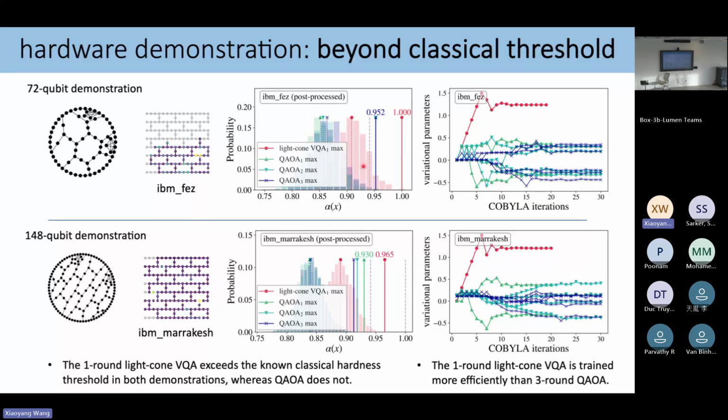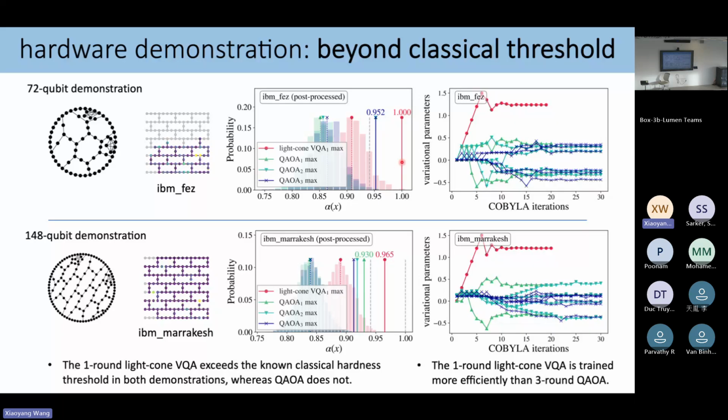Whereas QAOA with 1, 2, 3 rounds can only reach the maximal value of 0.952. And for this 148 qubits instance, we find that the light cone VQA can reach the maximal approximation ratio of 0.96.